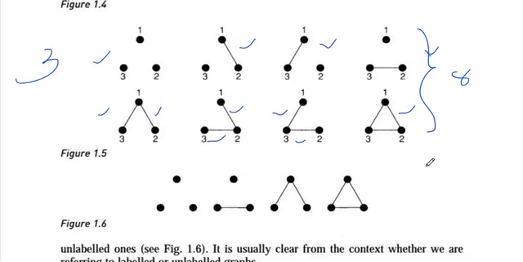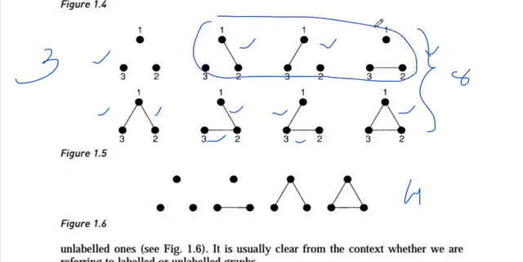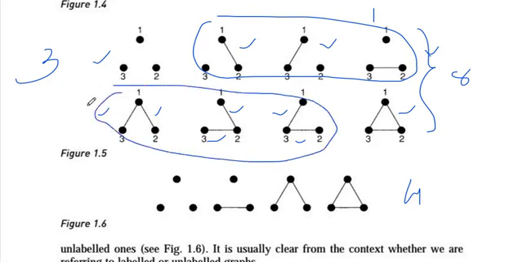But for unlabeled graphs we only have 4 possibilities, because these 3 graphs become the same when unlabeled, and these 3 also become only one graph, and this one is different. So there are basically 4 possible unlabeled graphs.